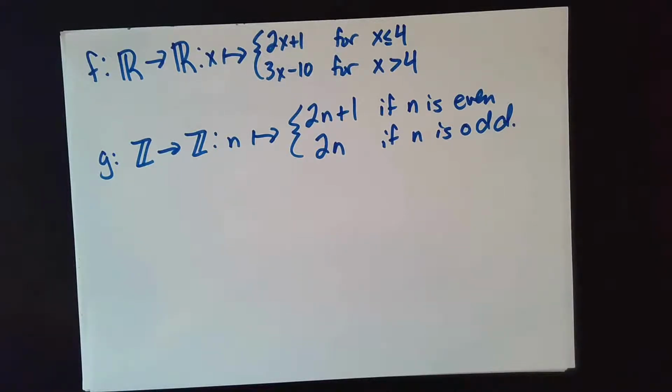Okay, so I'll give you a few minutes to look at both of these. As a hint, one of them is 1 to 1 and one of them is not 1 to 1. And then we'll come back and we'll talk about how to write up these kinds of proofs in the case that you're looking at something that's like a piecewise function.